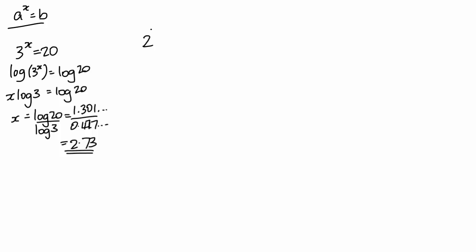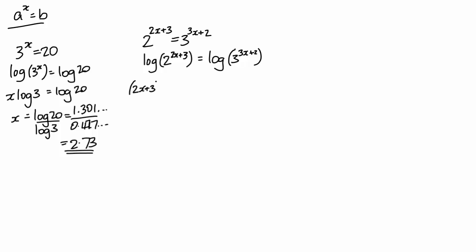2 to the power 2x add 3 equals 3 to the power of 3x add 2. Now again, if I take the log of each side, I get this. The power then becomes a multiplier because of that log property, so I get 2x plus 3 log of 2 equals 3x plus 2 lots of the log of 3.